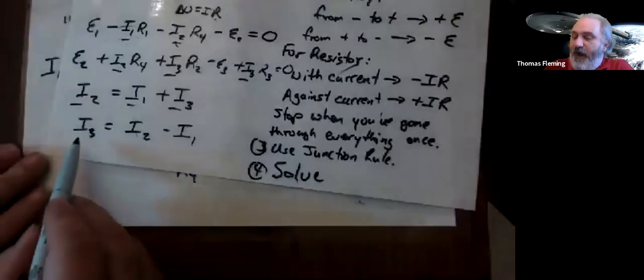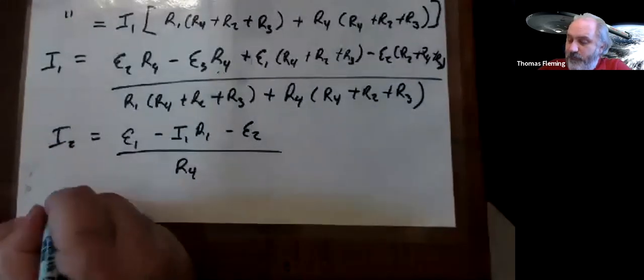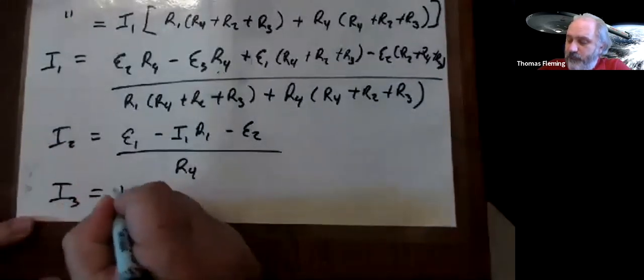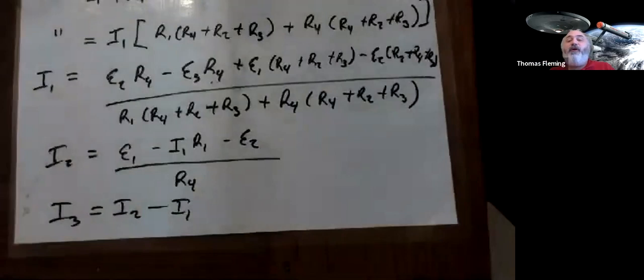And heck, I3 is super easy. I3 is going to equal I2 minus I1. No problem. So once we plug in our numbers, we're good to go there. Super easy.